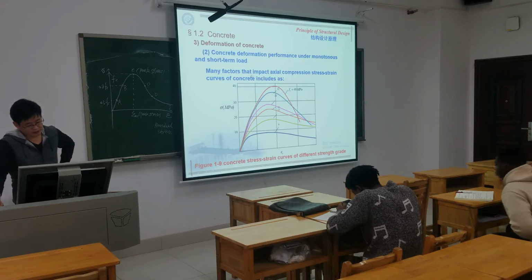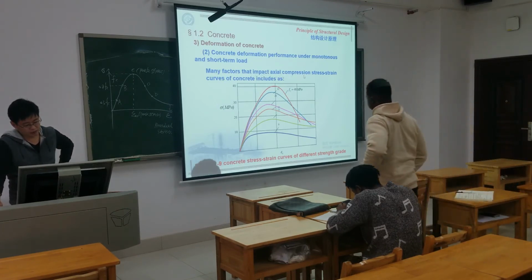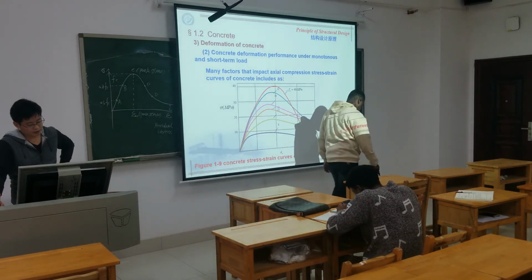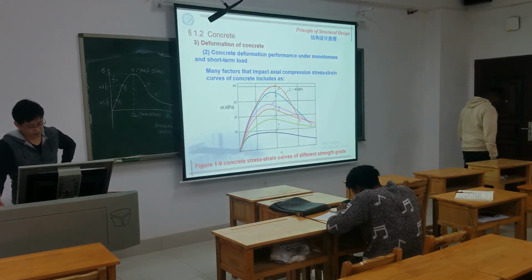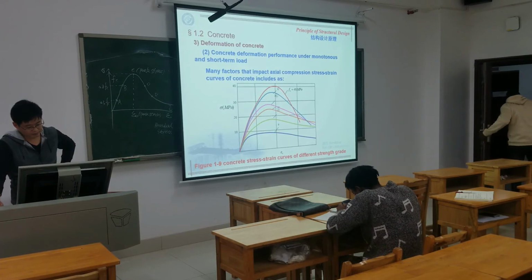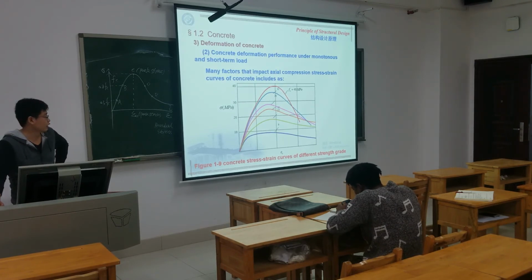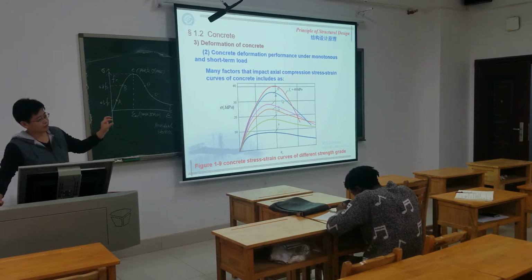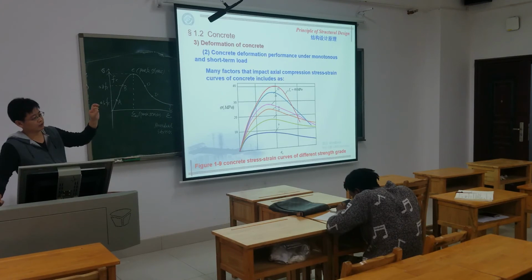The main factor that impacts the actual compression stress and strain curves for the concrete is, basically, the grade of the concrete. Different grades of concrete have different curves. This is C50, C40, C30, the different grades of the concrete.